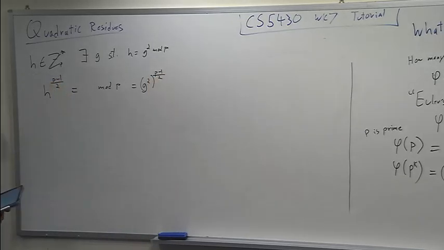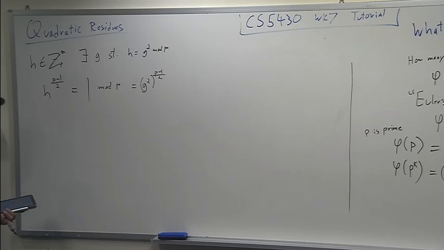What happens here? It was right on the board just a moment ago. What did we get out of it? 1. Yeah, we get 1. And yeah, the reverse is also true.